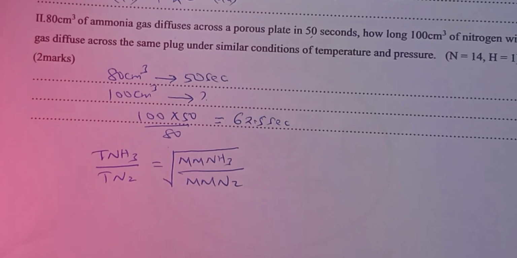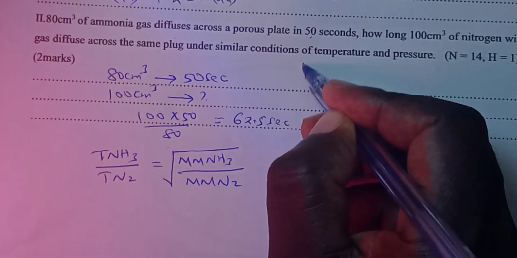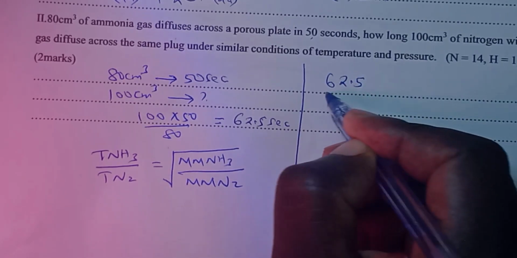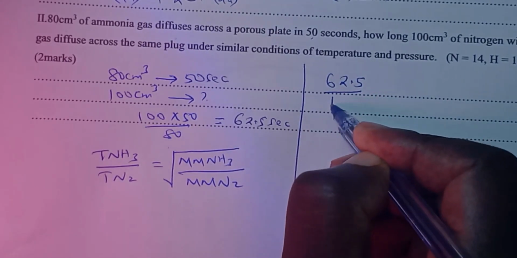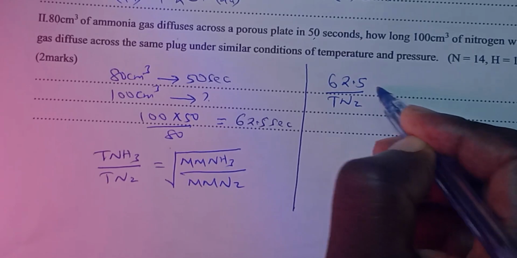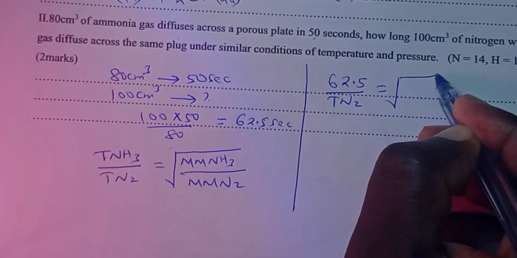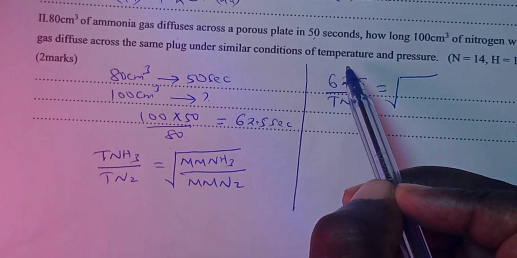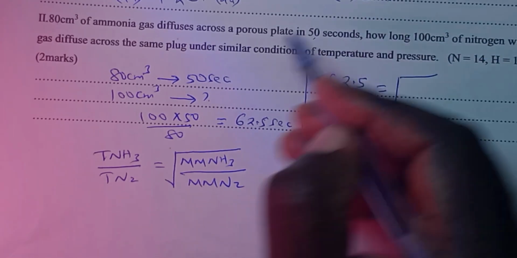From there we can substitute. We have calculated the time for 100 cm³ of ammonia, and it is 62.5, divided by the time of nitrogen gas, which is equal to the square root of the density of ammonia.